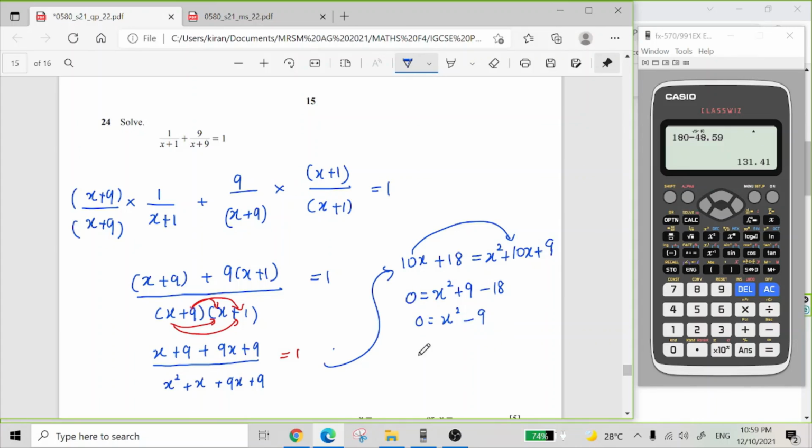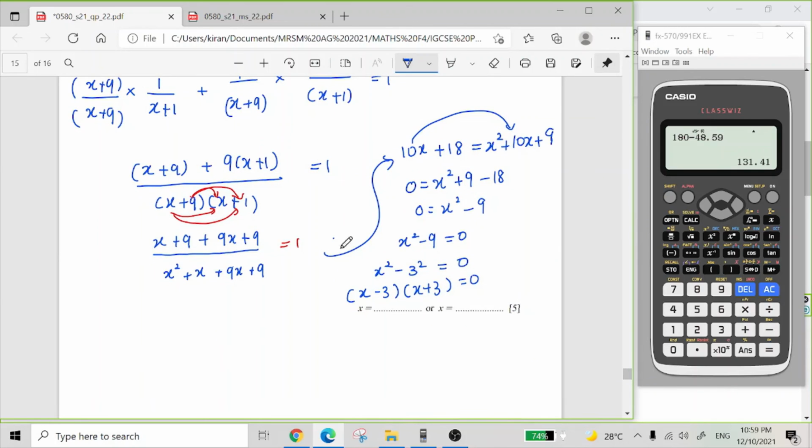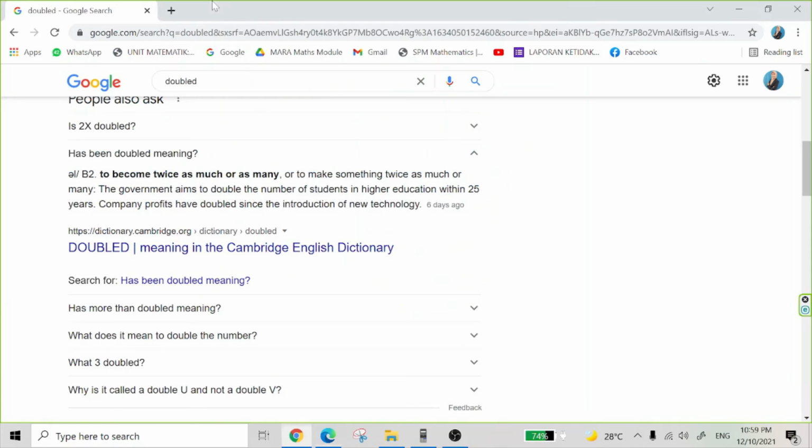This one is a difference of two squares: x square minus 3 square equal to 0, so it will be x minus 3, x plus 3 equal to 0. So the answer is x equal to 3 and x equal to negative 3.